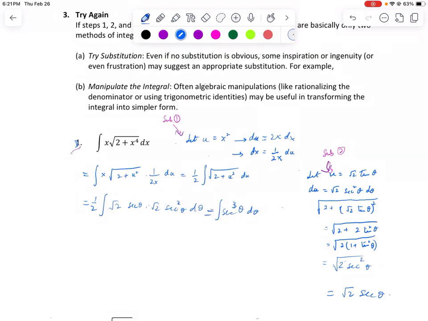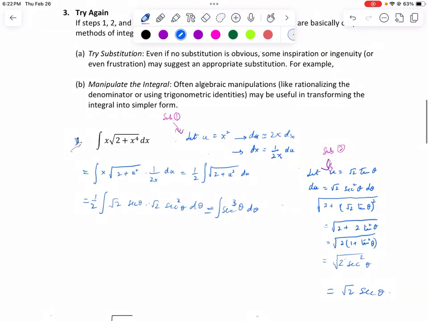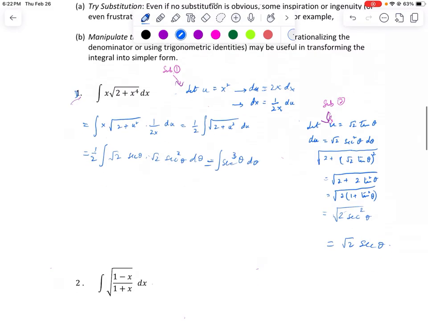So here is the example, the one that we did in the last video. We came to integrating secant cube theta. I mentioned that I will show you this later.